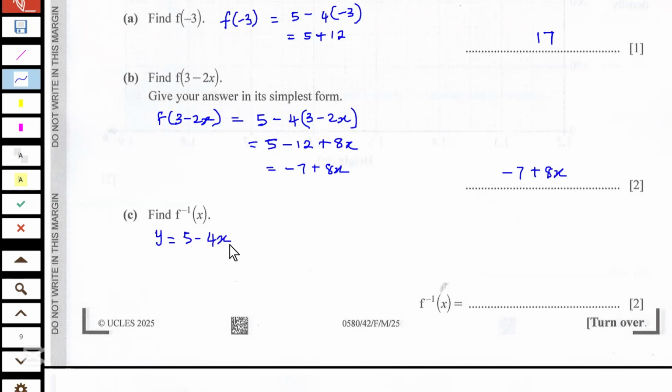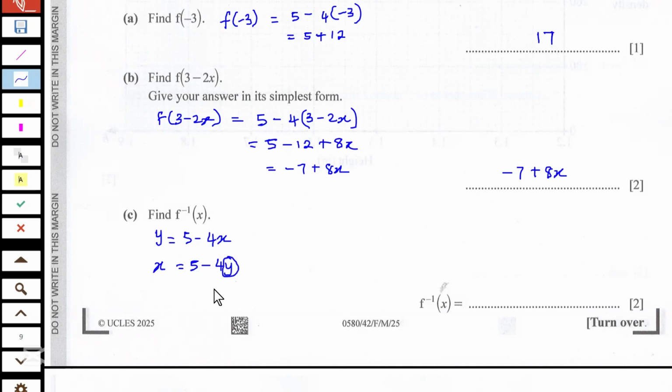Then, if y is equal to 5 minus 4x, the next step will be to interchange the variables. Make x equal to 5 minus 4y. At this point, I'm going to make y the subject.